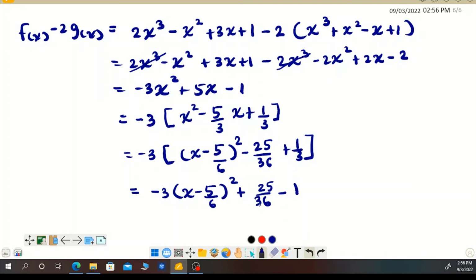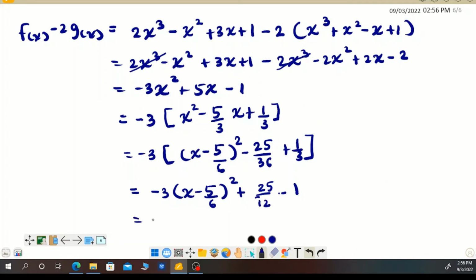So here it's 2, not minus 36, it's 2. Multiply by minus 3 now, then it becomes 25 divided by 12.